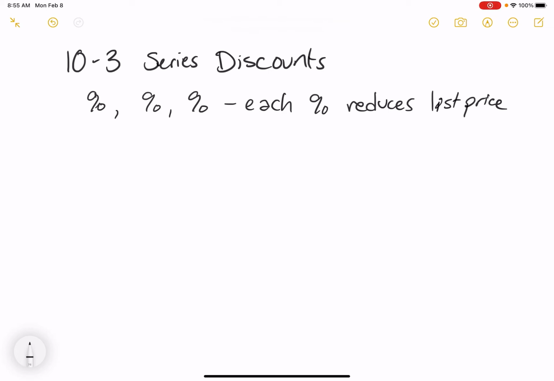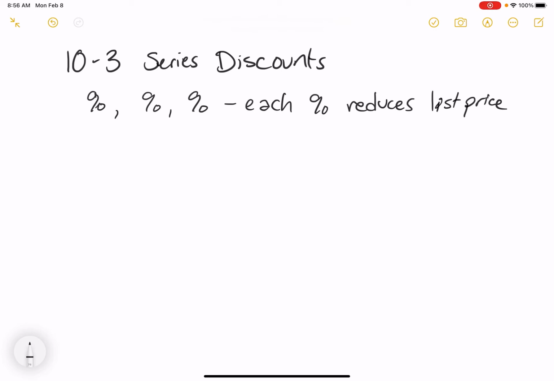With that second remainder, you multiply that by the third percentage, and you get the third remainder. The third remainder is your answer for how much you're going to pay after all these discounts. To find the discount amount, it's the difference between the original price and the price you're actually paying. Sounds like depreciation, yeah? Sort of?